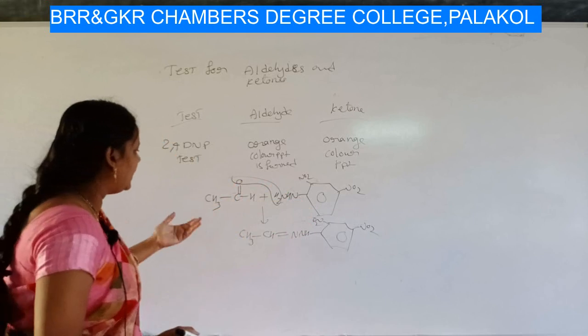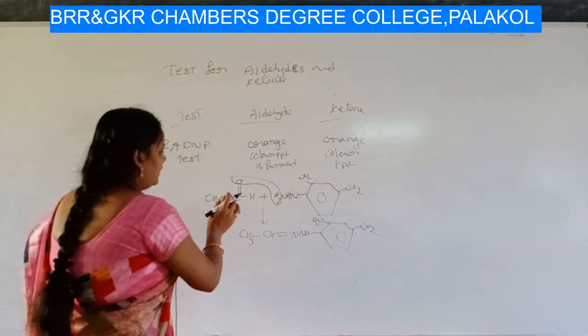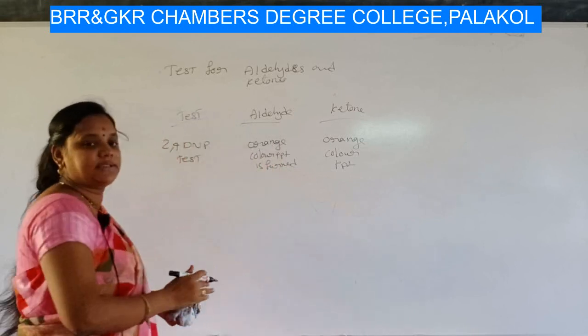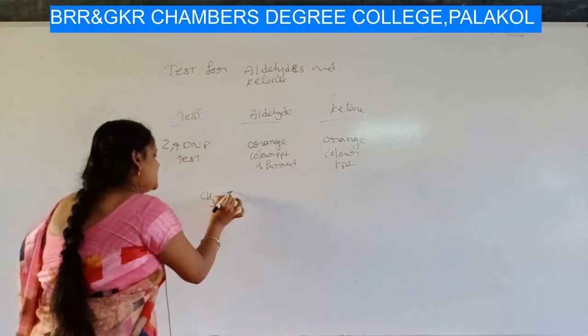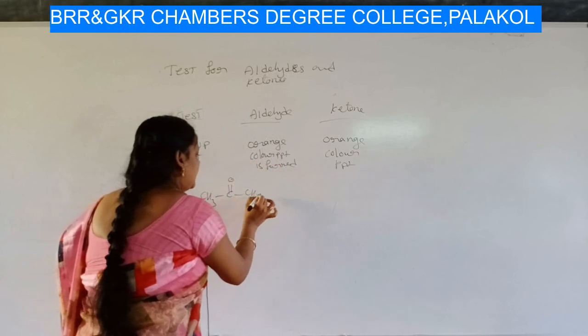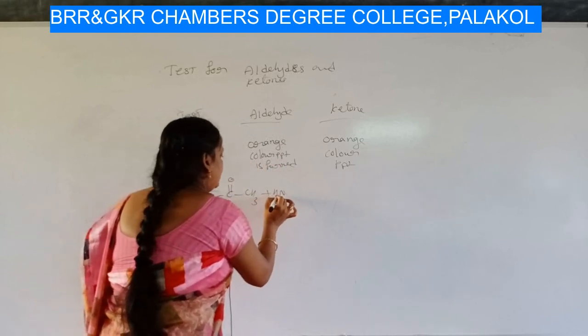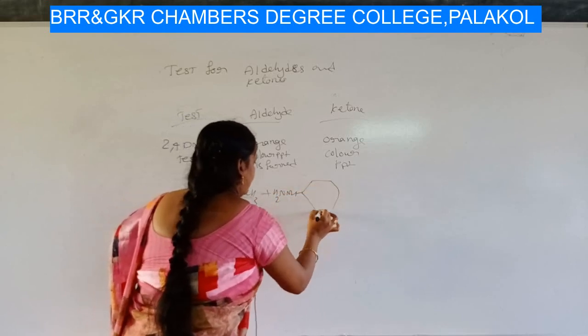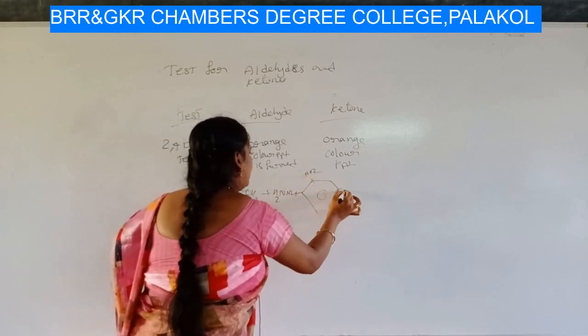In the same way, if you do it for ketone, what happens? CH3-C=O-CH3 plus NH2-NH, NO2 group here, NO2 group here.